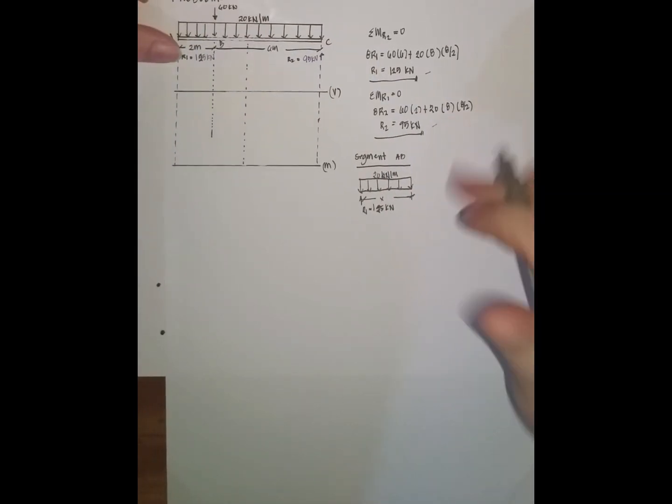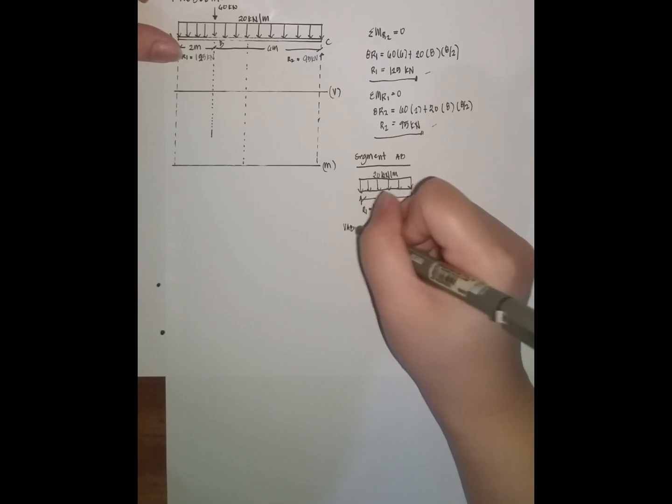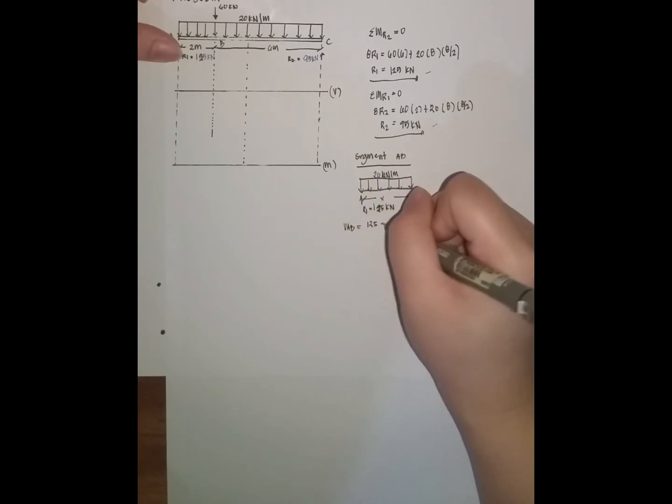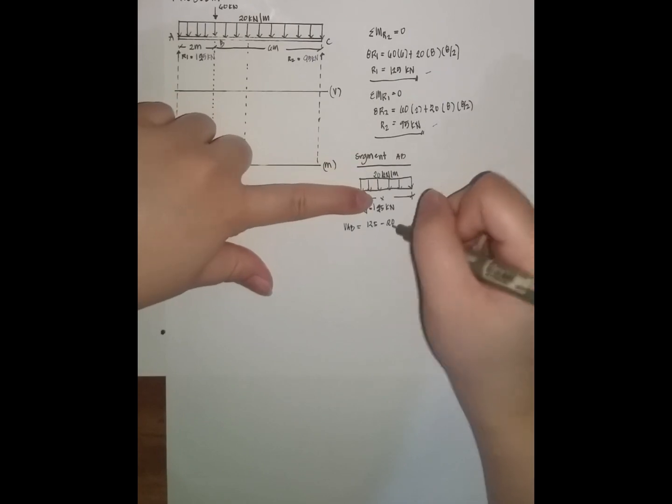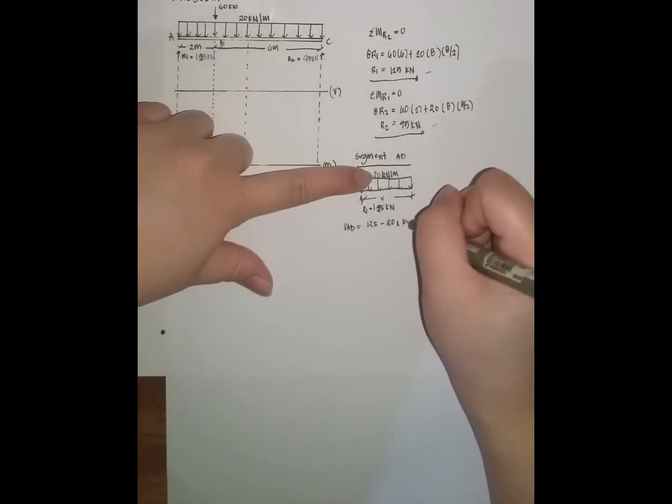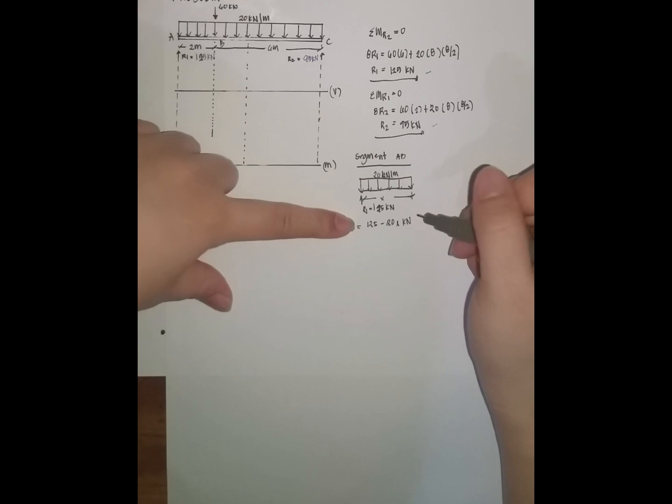So, VAB is equal to 125 minus 20 times the whole length. So, we have 125 minus 20x.